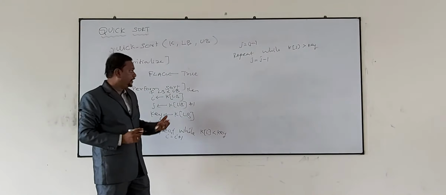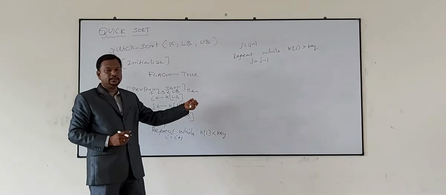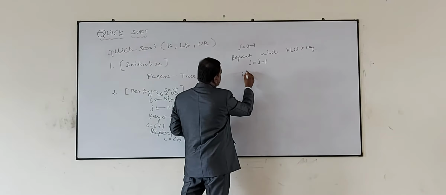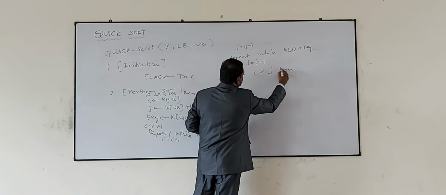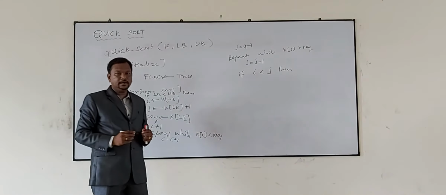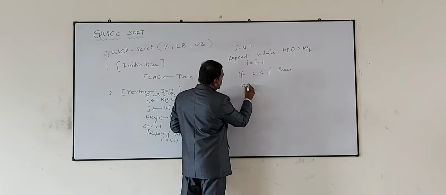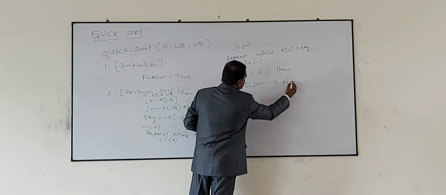Okay. Once we obtain the ith position element and jth position element, then we should compare the ith and jth position. If I is less than j, then the ith position element and the jth position element will be interchanged. Then K of I interchange K of j.